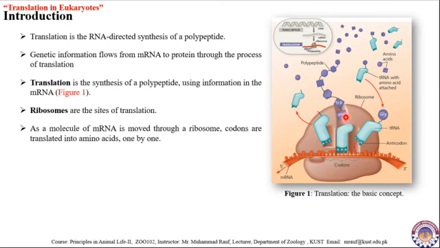This is the peptidyl site or the P site where a peptide bond is established between 2 amino acids, and this is the A site where the anticodon carrying transfer RNA comes first.